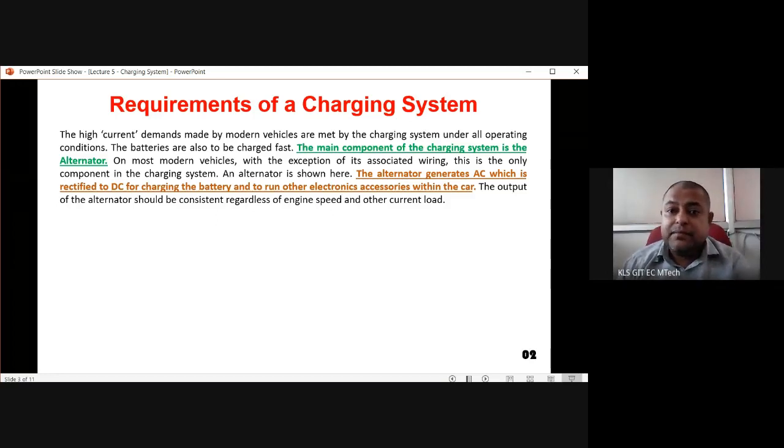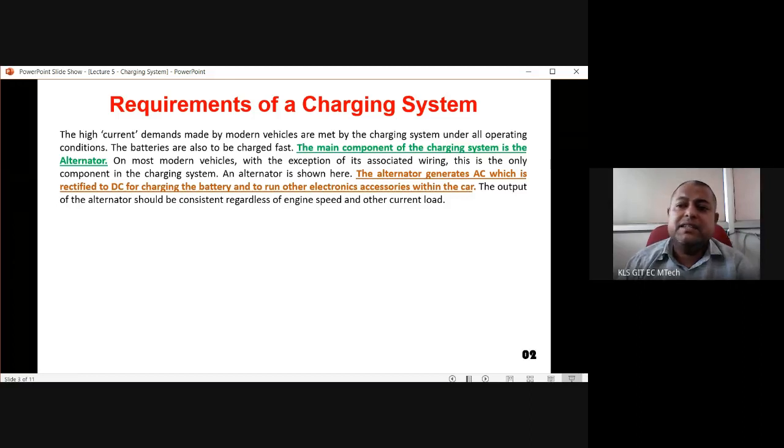That is another thing. The main component of the charging system is the alternator. This is a generator, an AC generator. On most modern vehicles, with the exception of its associated wiring, the long wiring from the alternator to the battery to the other accessories, this is the only component in the charging system.